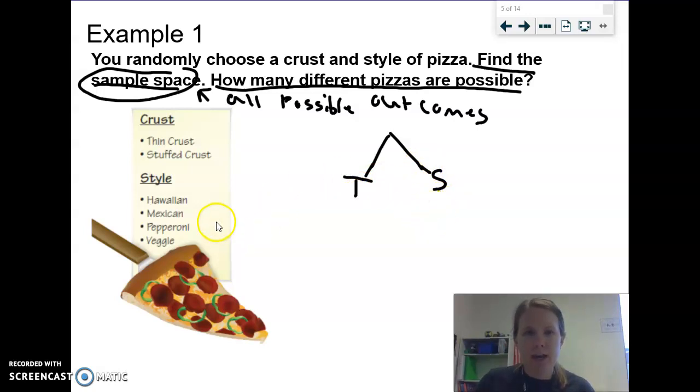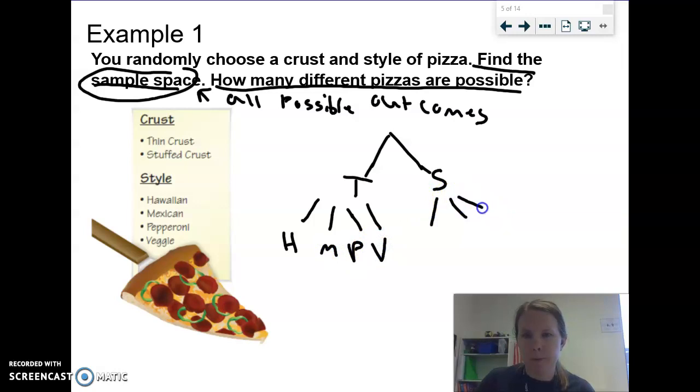But from there, I have 4 different styles of pizza, and each type of crust can have one of those styles. So for my thin, I could have Hawaiian, Mexican, pepperoni, or veggie. Same with my stuffed: Hawaiian, Mexican, pepperoni, veggie. That is one way you can find your sample space, like this, just abbreviating it.